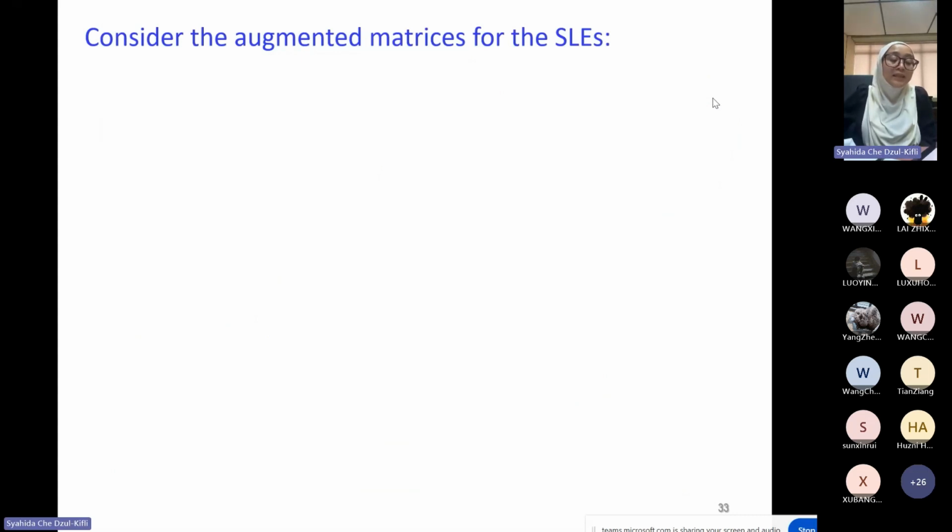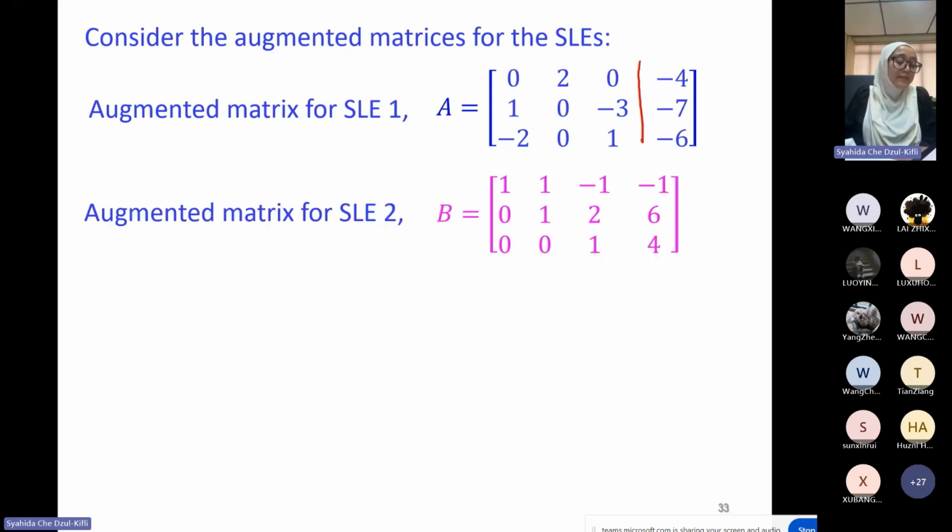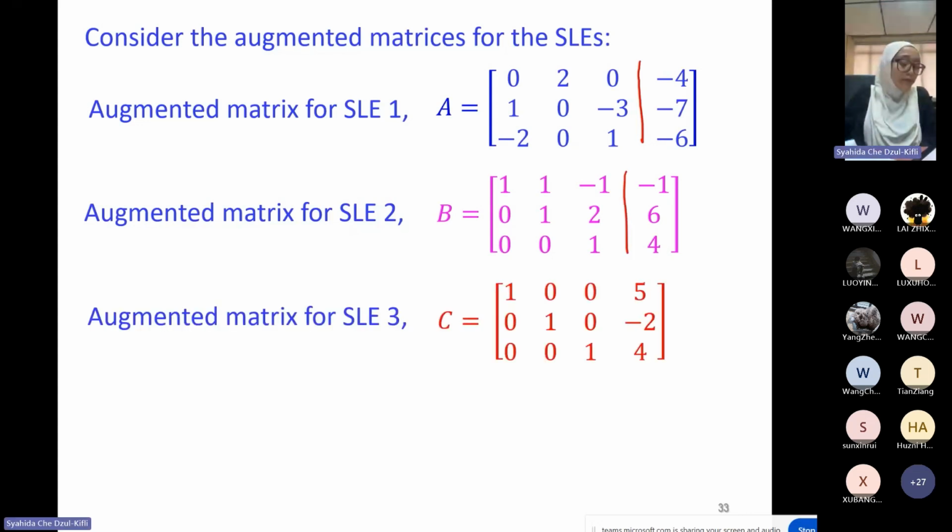Now, the augmented matrices for the three systems of linear equations. The augmented matrix for systems of linear equation 1, you may put the line there. This is the augmented matrix for systems of linear equation 2 and the augmented matrix of system of linear equation 3.